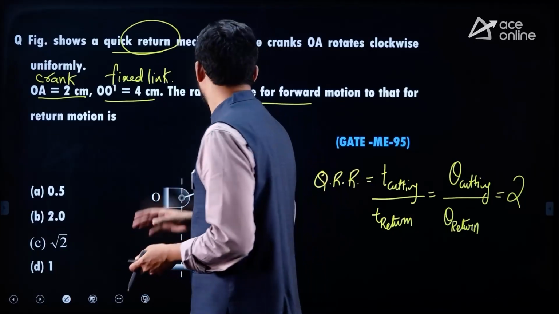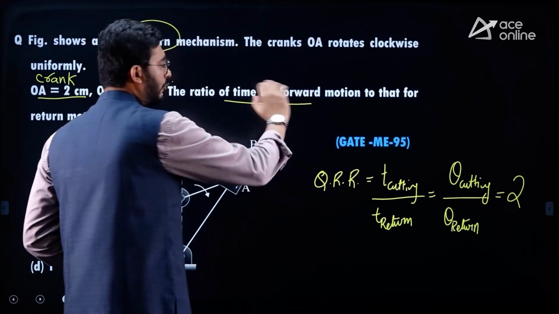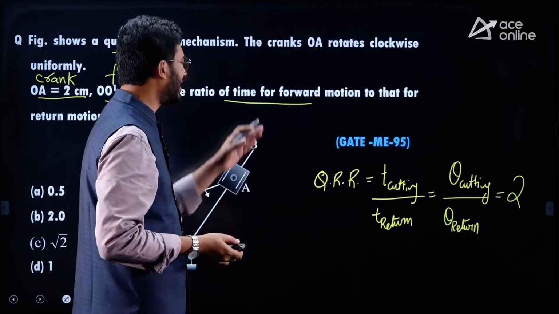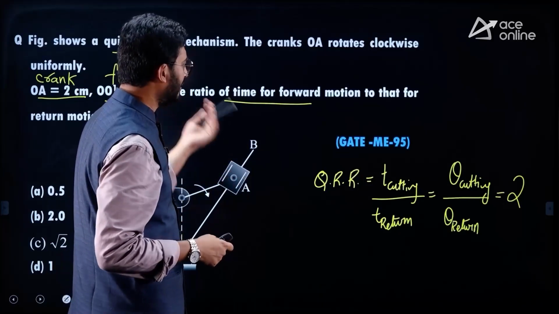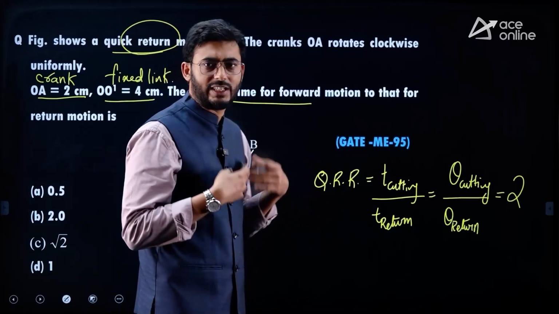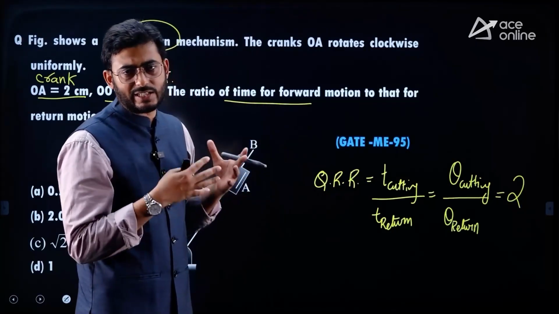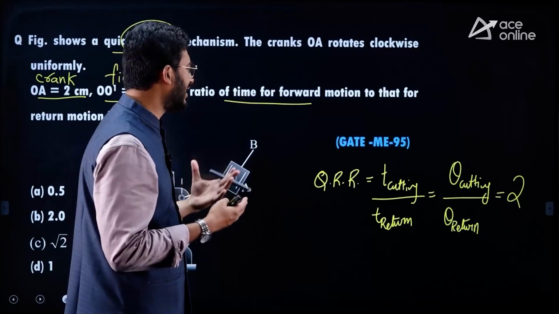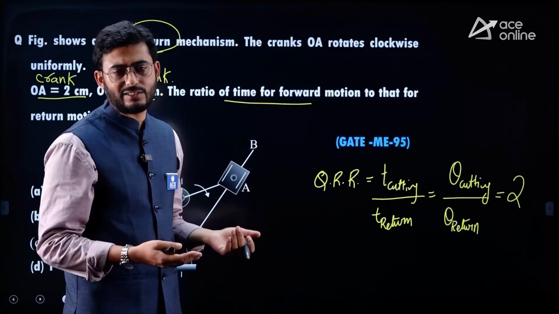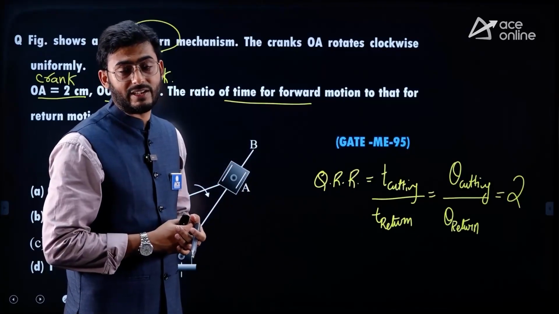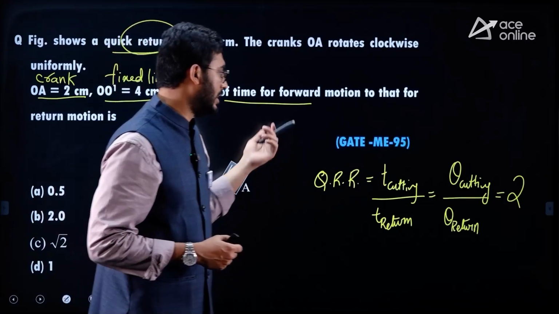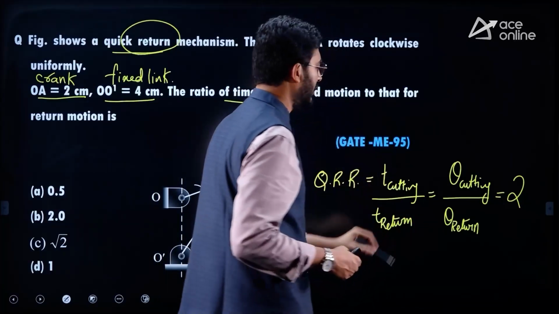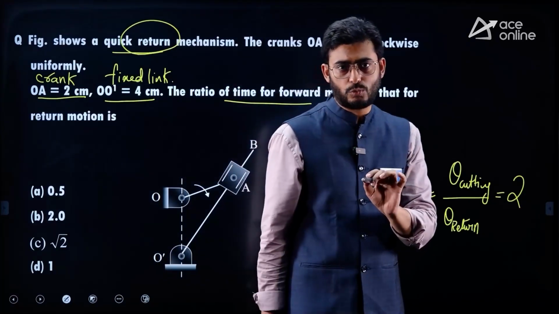Let's check here. They are asking us to express the forward time to the return time. In the forward motion the cutting happens, obviously the time consumption will be more, and in the return no cutting happens. It's an idle stroke, so time should be very less compared to forward. So from this definition we can judge that the answer is 2 directly.